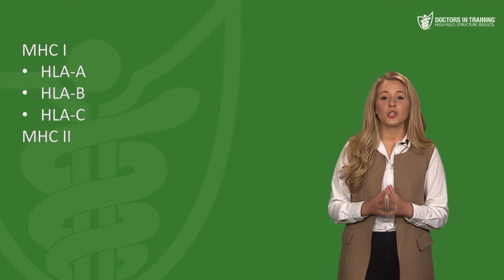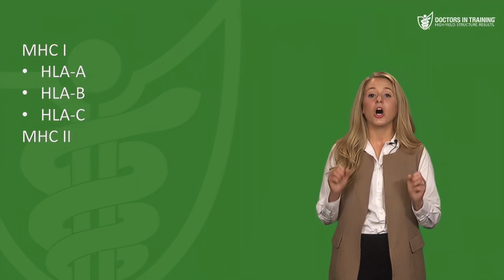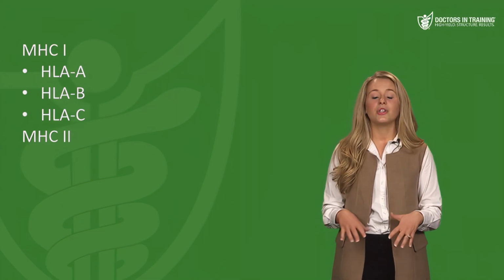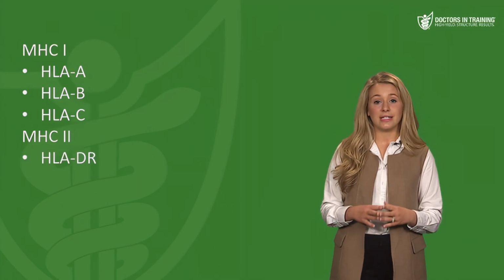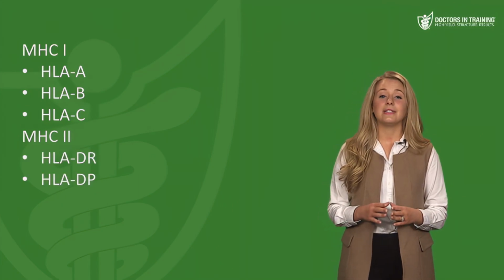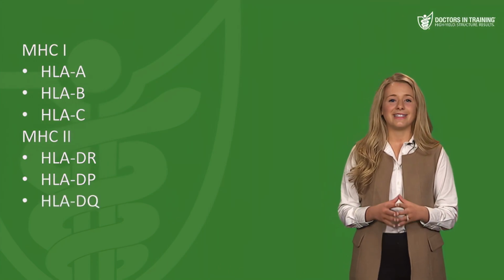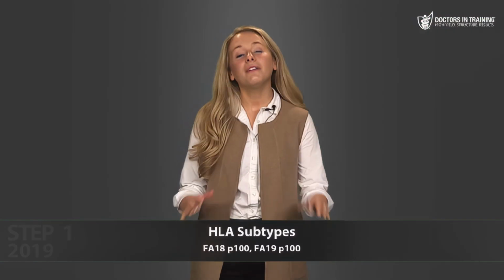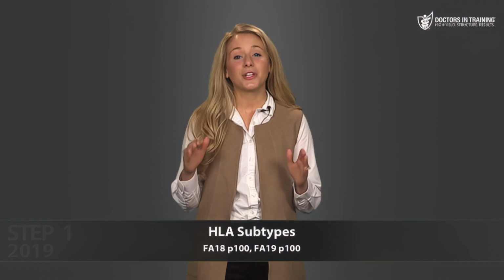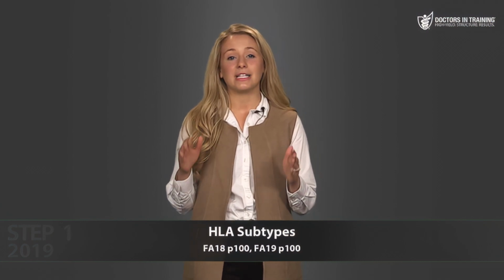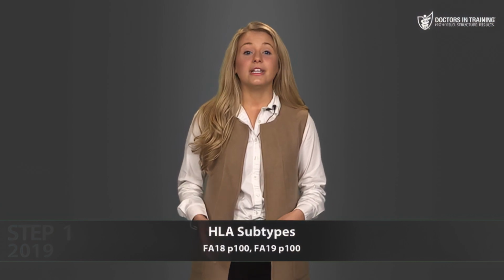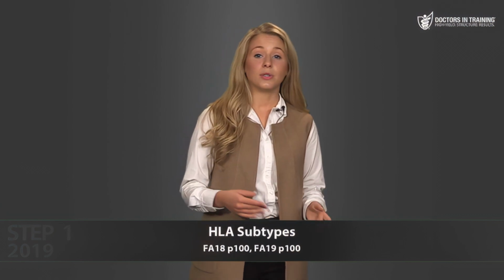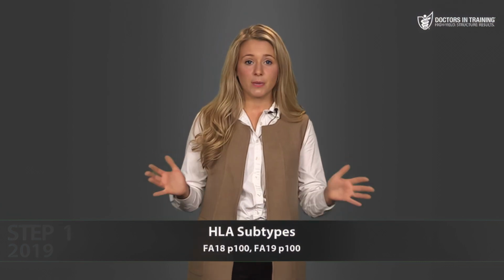Remember, MHC2 molecules are only found on antigen-presenting cells, and the genes that code for MHC2 proteins are HLA-DR, HLA-DP, and HLA-DQ. Now, all of these HLA subtypes can be further classified into specific loci and specific alleles. You might divide HLA-DR into HLA-DR1, or DR2, or DR3, and so on.